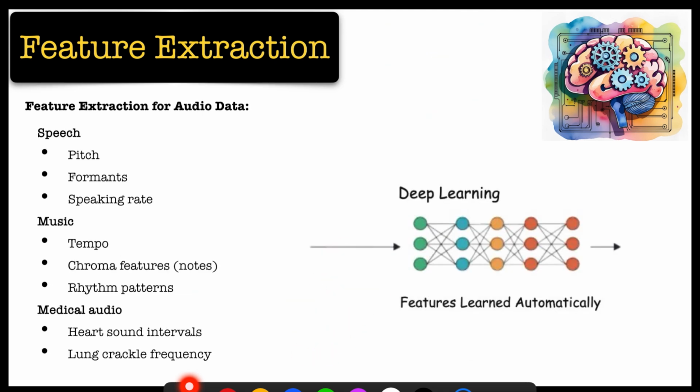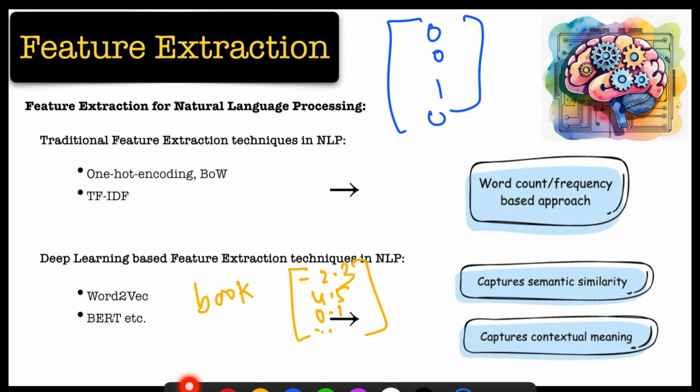And let's say we have two vectors, one vector is, let's say, king, and one vector is queen, right? So these two vectors for king and queen will be closely similar, not exact, but closely similar. And we can also perform vector operations with Word2Vec, like king minus man plus woman equals queen.